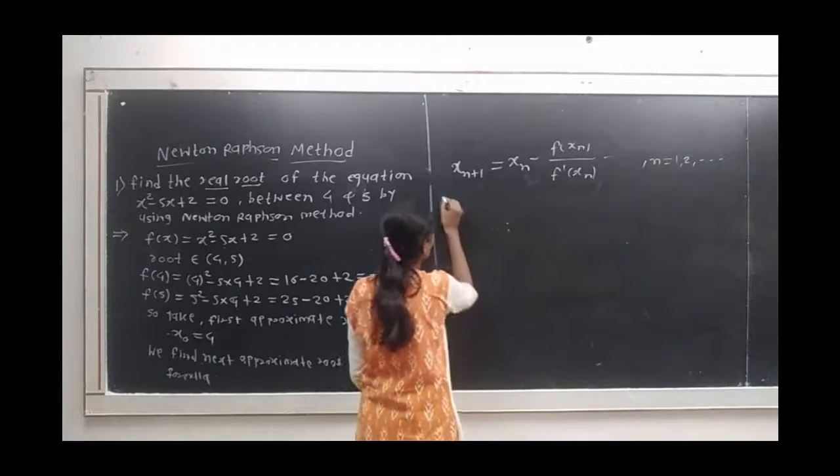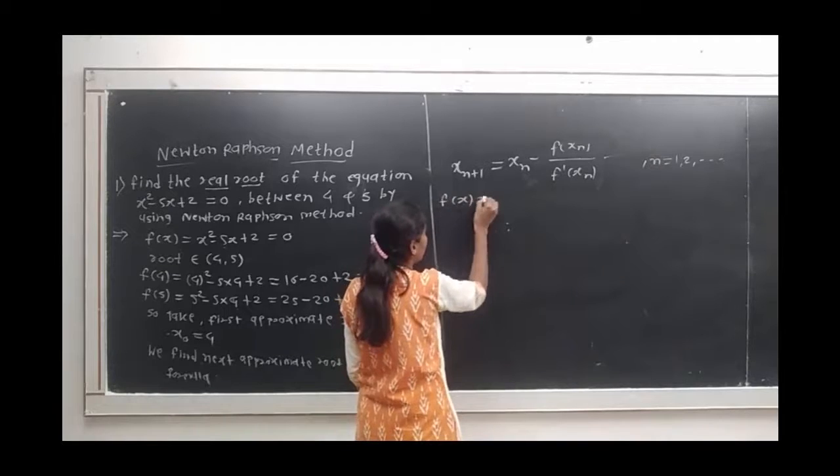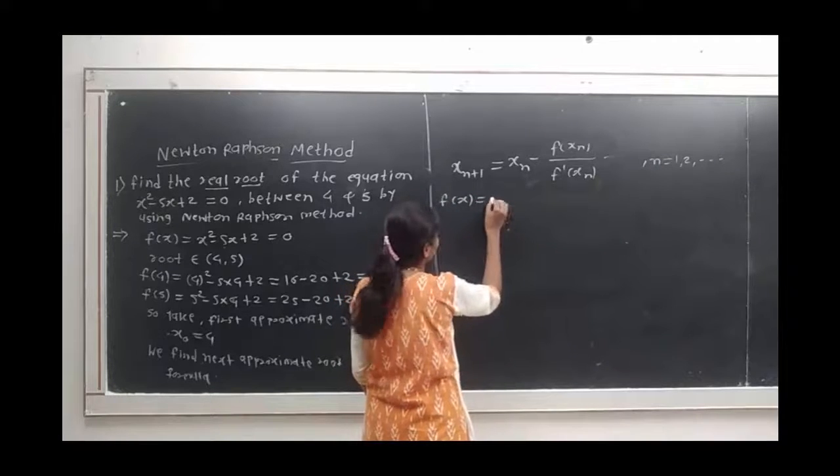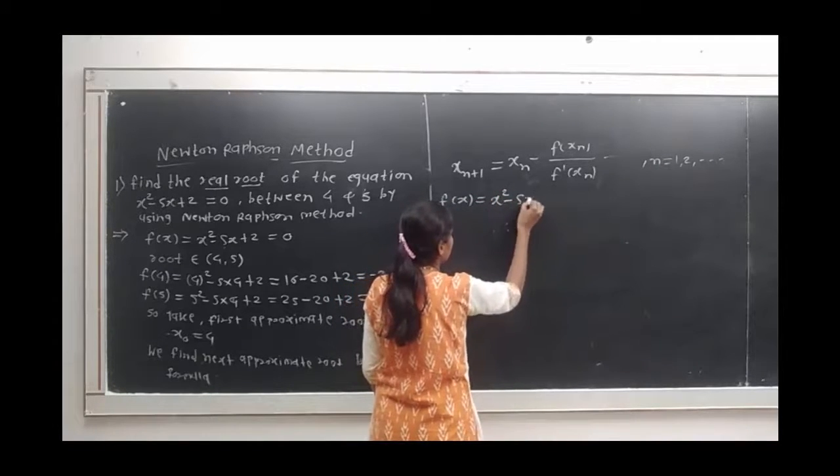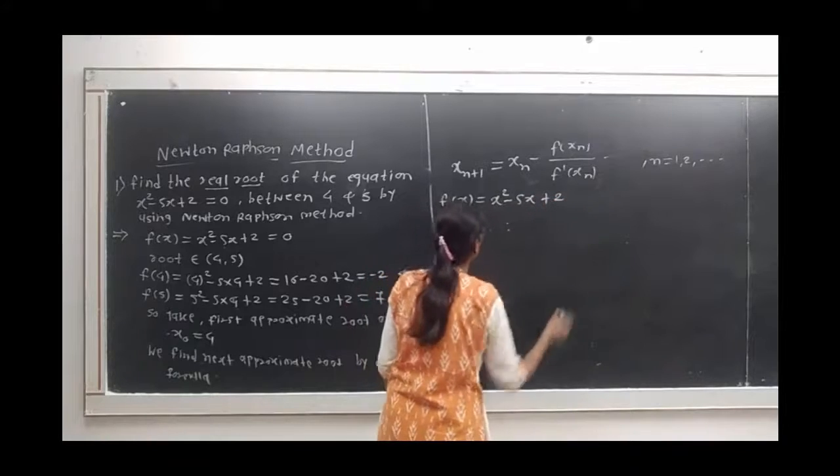Here the given f of x is x square minus 5x plus 2.